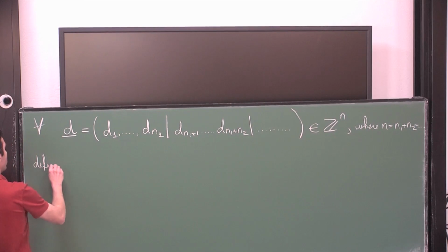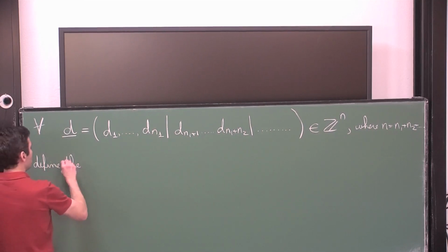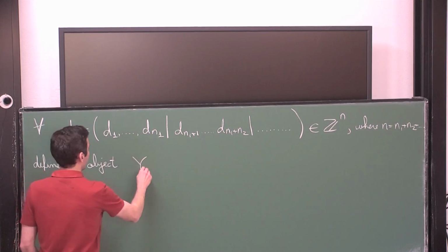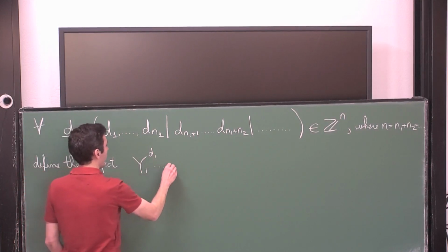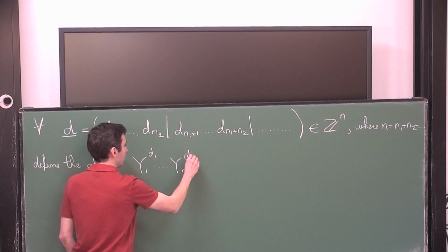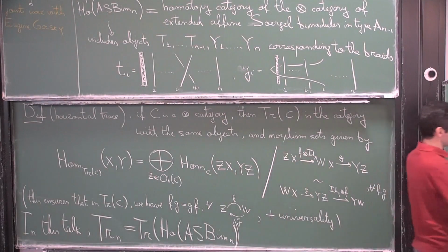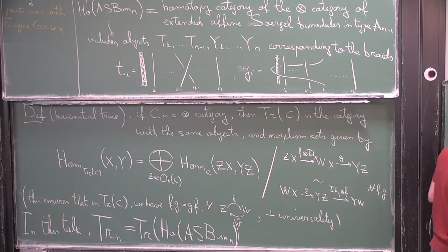Let's define the following object. The object is y_1^{d_1} through y_n^{d_n}. I should have said, and I completely forgot, that the y's commute. They commute in the category of affine sortable bimodules, so I can multiply them in any way you want. This thing is very nice and predictable, but let's also multiply this by a bunch of t's.